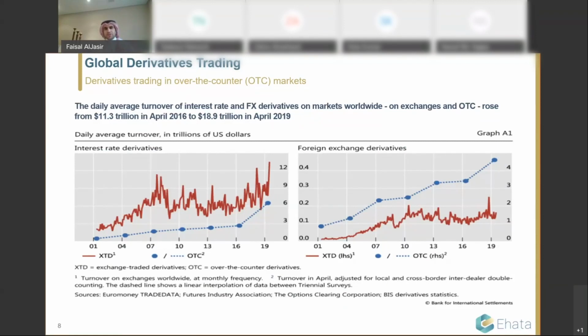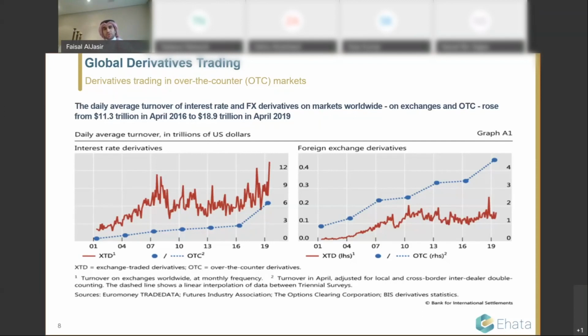The daily average turnover, covering foreign exchange derivatives and interest rate derivatives, worldwide, sorry, has jumped from 11.3 trillion in April 16 to 18.9 trillion in April 19, and we are talking here about the daily average turnover. And when we say this, you might be asking, these are huge numbers, trillions. This is basically the gross notionals.